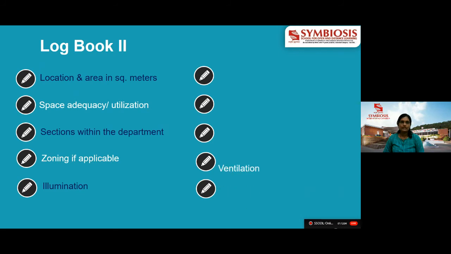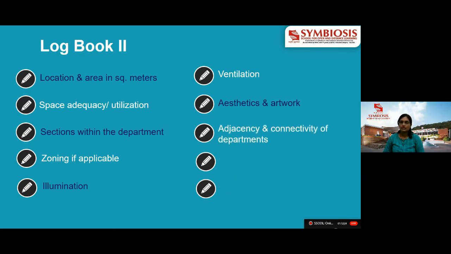Then illumination provided, ventilation for each department, and aesthetics and artwork if available. In most pediatric wards, inpatient wards or labor rooms, aesthetics and artwork are provided these days, so we have to mention them. Then adjacencies and connectivity of the department.